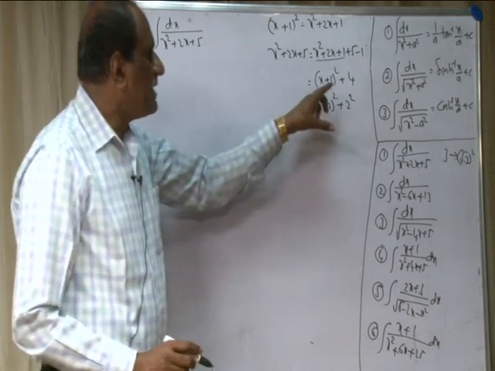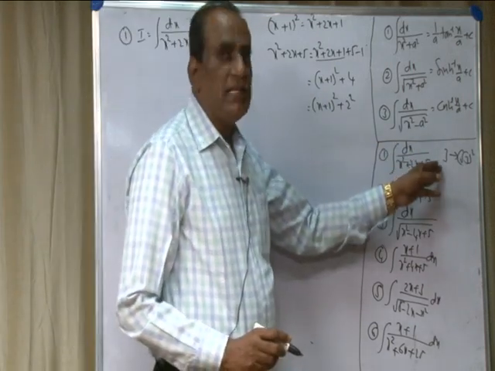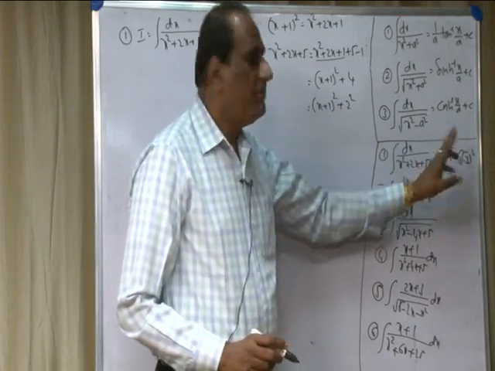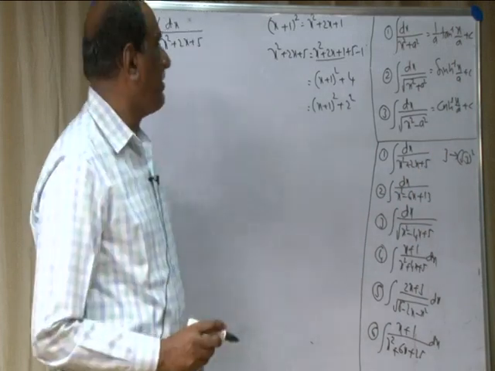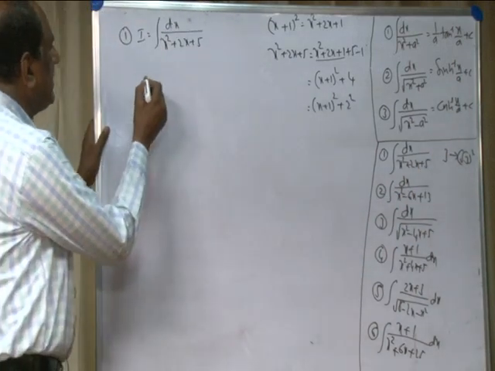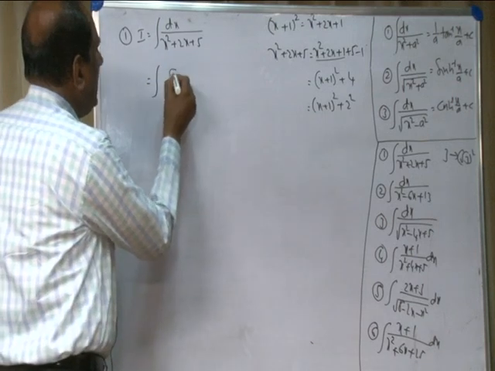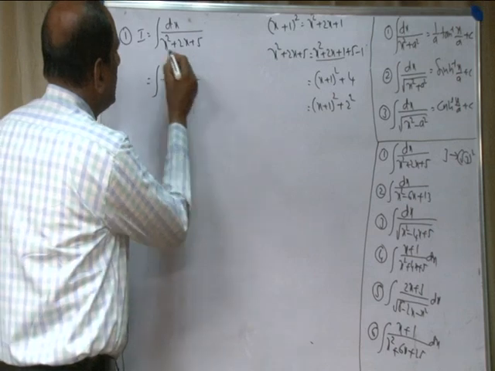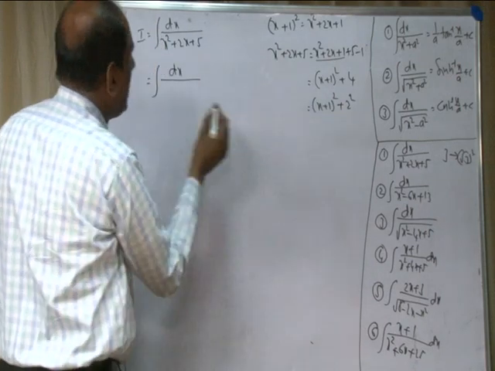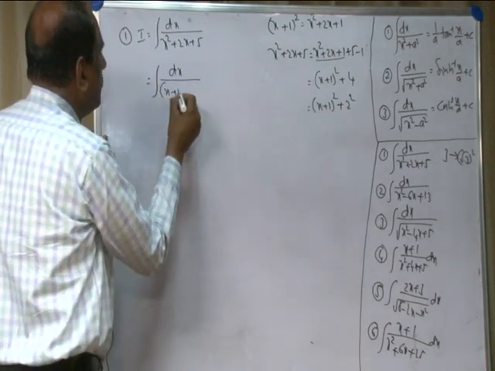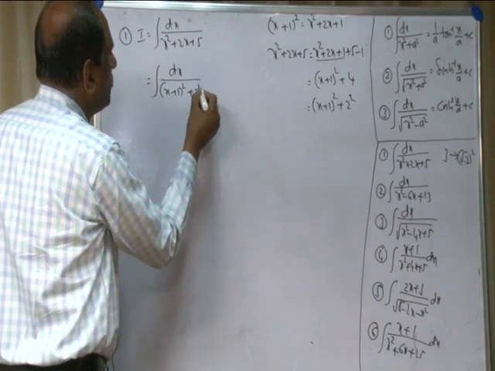If the number is not a perfect square, suppose 3 is not a perfect square, so that can be written as root 3 whole square. Now, the given integral becomes dx divided by, so the denominator can be written as x plus 1 whole square plus 2 square.